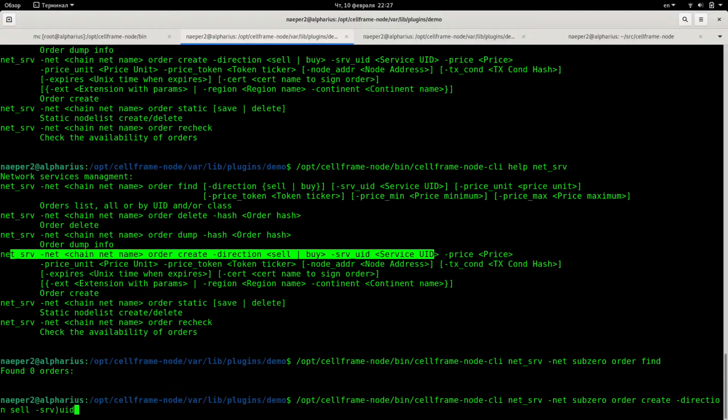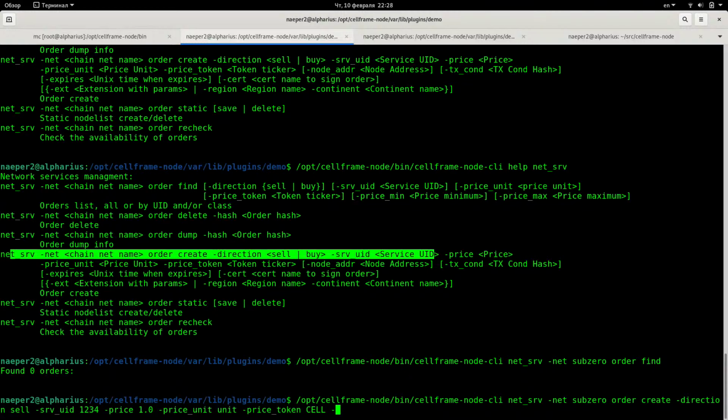Survey with 1, 2, 3, 4. Price 1.0. Price unit. Price token cell.